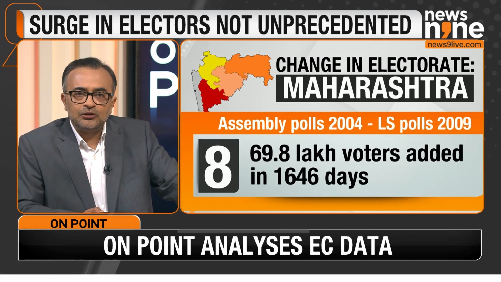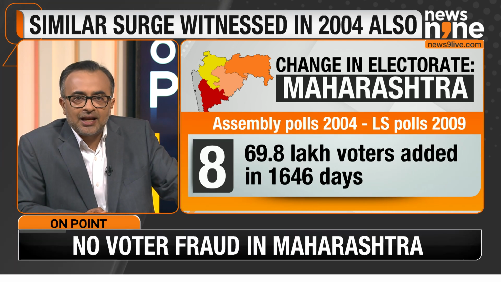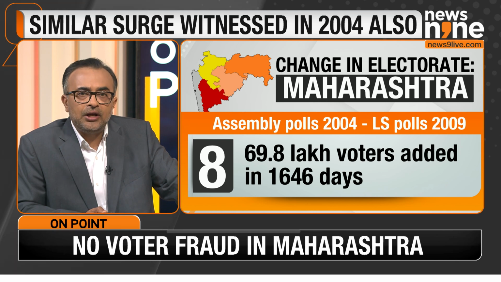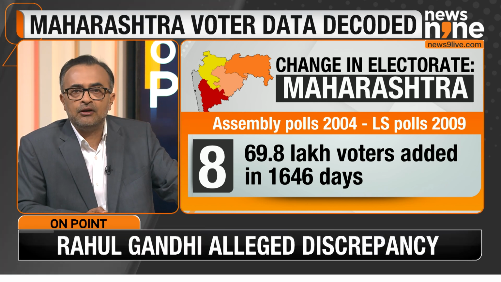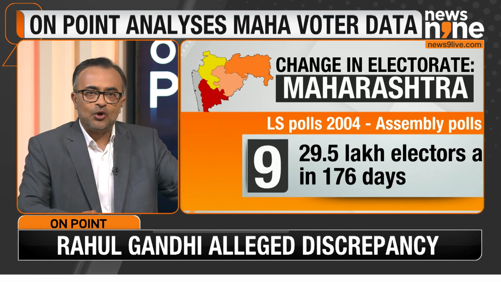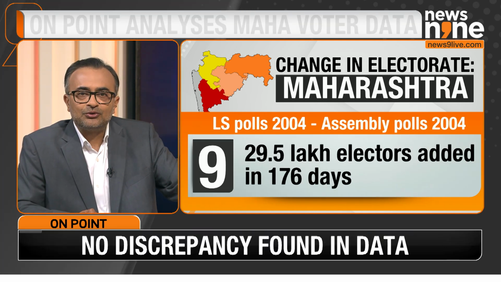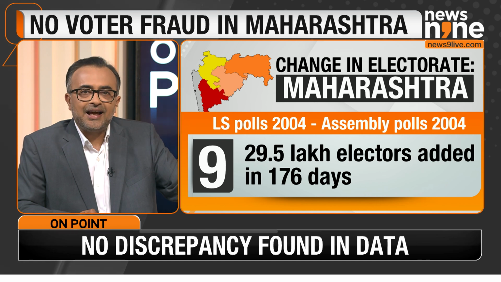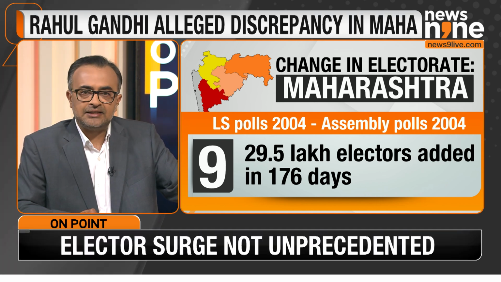Between Assembly polls 2004 and Lok Sabha polls 2009, 69.8 lakh voters were added in 1,646 days. Between Lok Sabha polls 2004 and Assembly polls 2004, 29.5 lakh electors were added in 176 days.